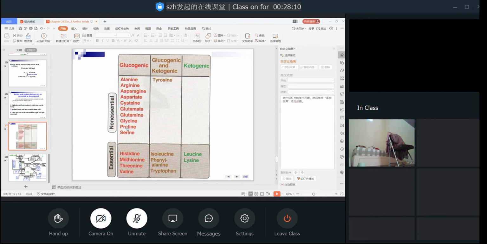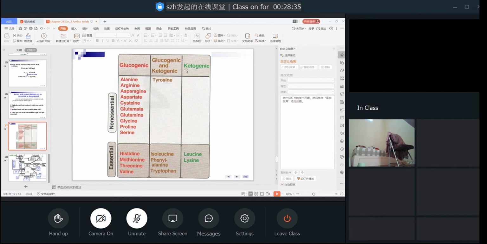glucose. So here the glucogenic amino acids you can see: alanine, arginine, asparagine, aspartate, cysteine, glutamate, glutamine, glycine, proline, serine, and histidine, methionine, threonine, valine.